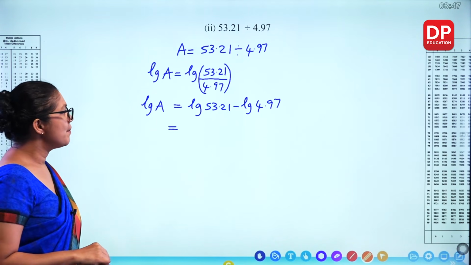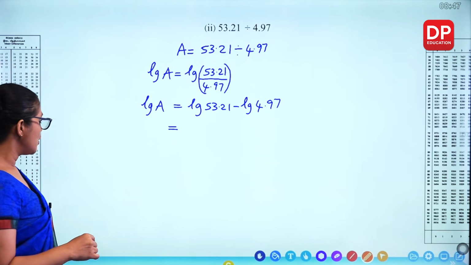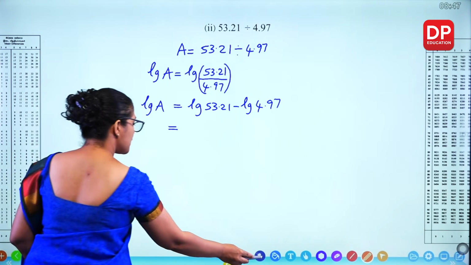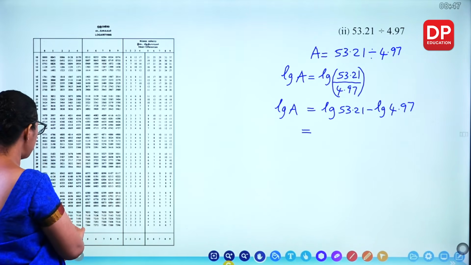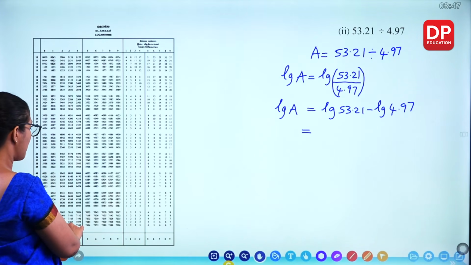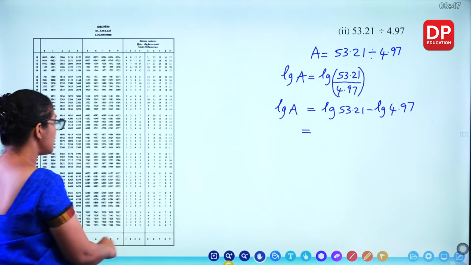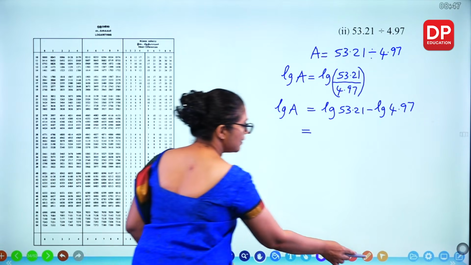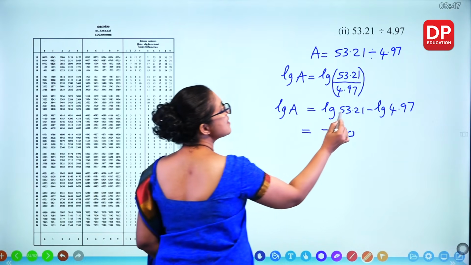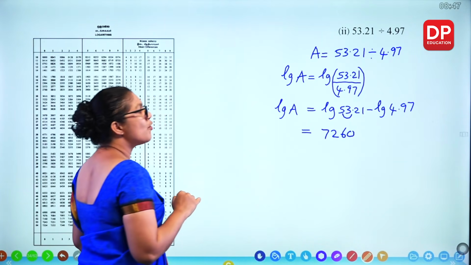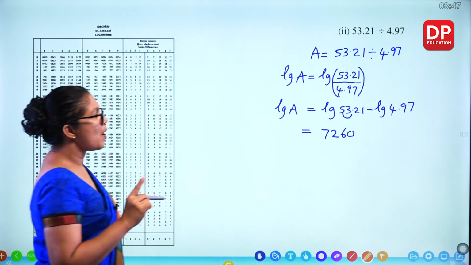Now refer the table. 53.21, what's the log value? 53.21, 1 is 1. So 72.60. This number is more than 10, so the characteristic is 1.